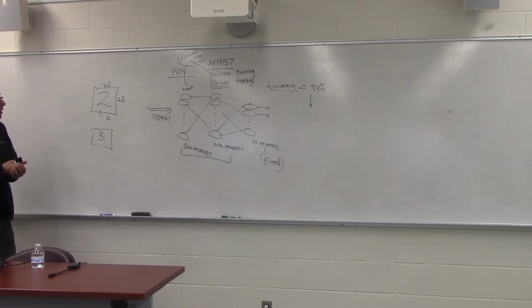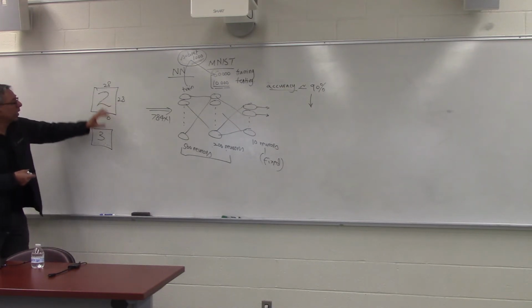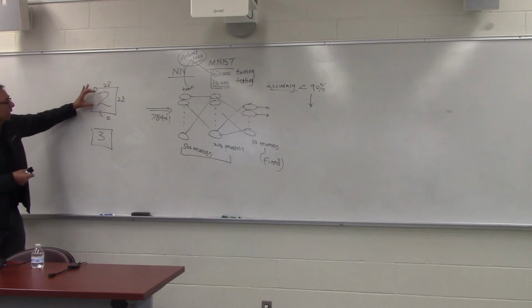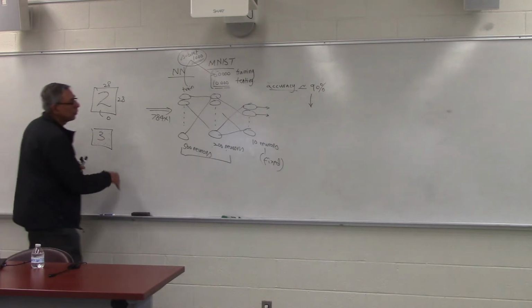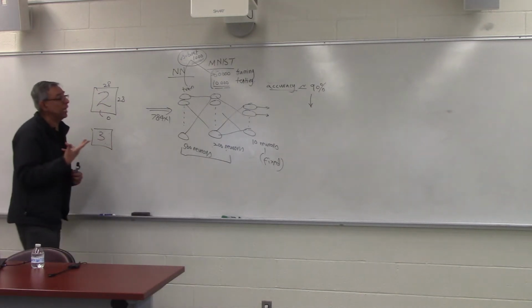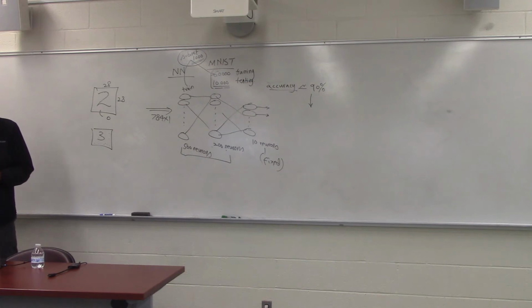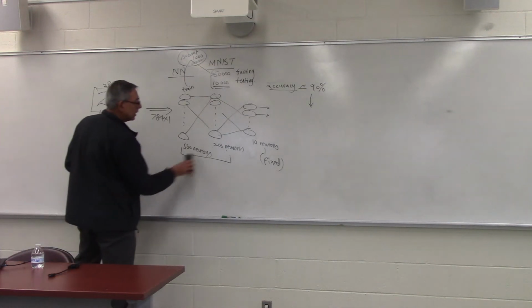If somehow we can teach it to ignore the background and focus on the digits, then perhaps it will improve accuracy, right? So I'll show you 2 techniques today, which will help us in that direction. In your next assignment, you will try it yourself and verify that it indeed is the case.